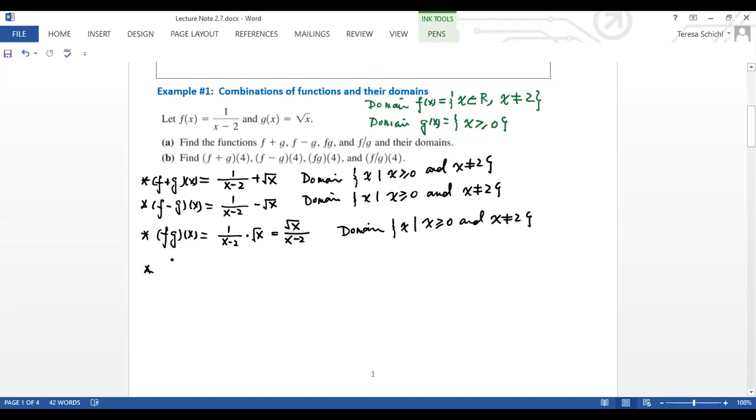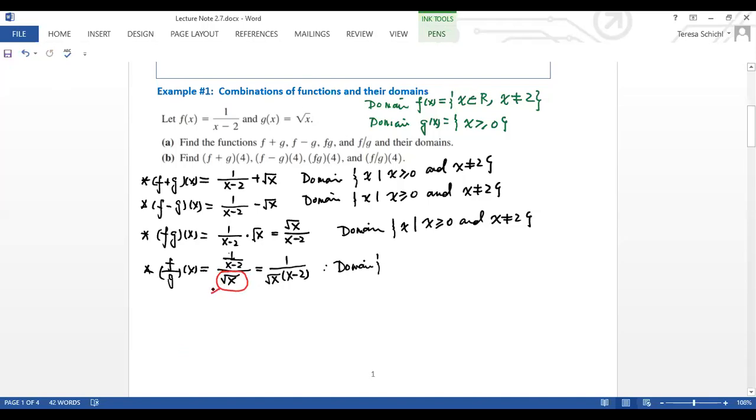Now let's take a look at this one. Be careful here. f over g of x will be 1 over x minus 2 over the square root of x, and if you simplify a little bit, it will be 1 over the square root of x times x minus 2. So the domain will be x greater than or equal to 0 and x not equal to 2, but we also need to exclude the value that makes the denominator equal to 0.